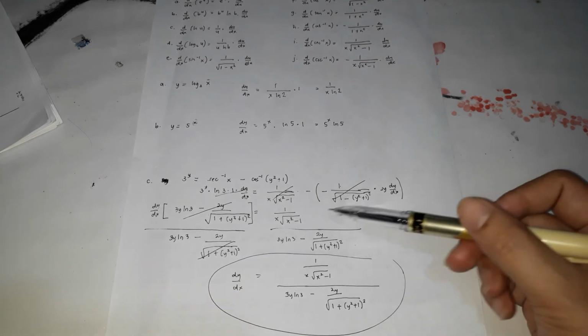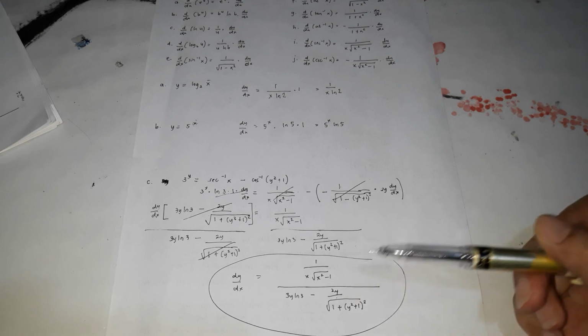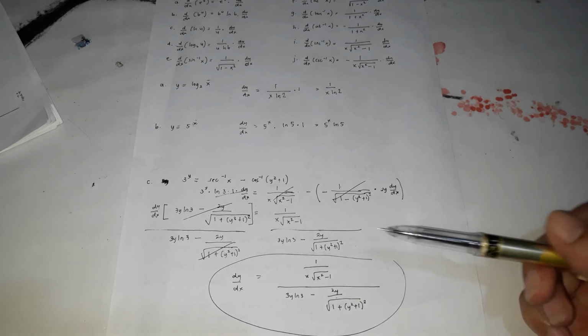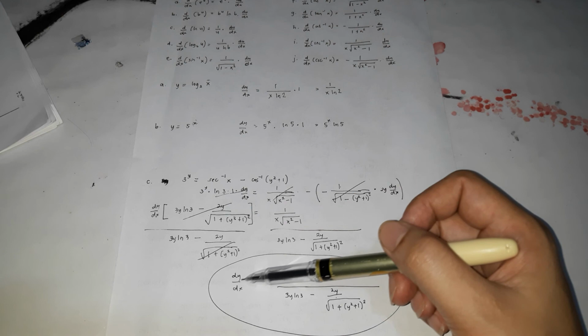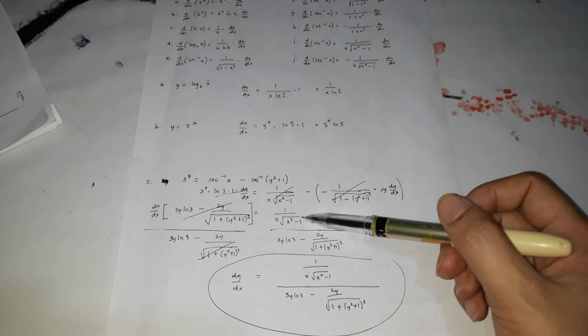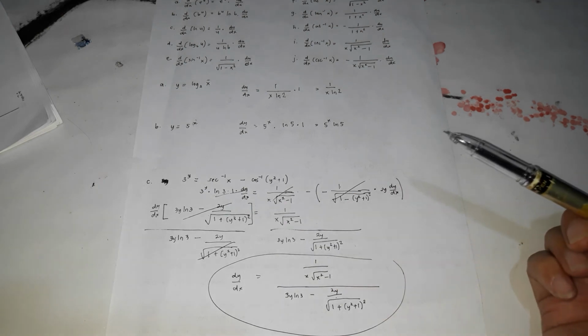What you did is copy this one, cancel this so it's dy over dx, and this one you just copy. So that's the final answer.